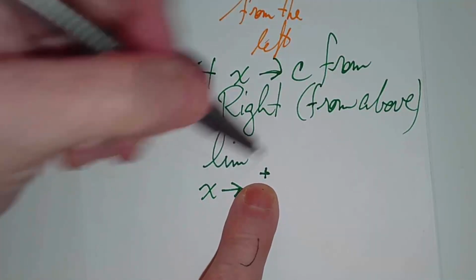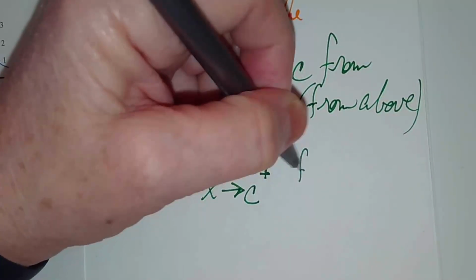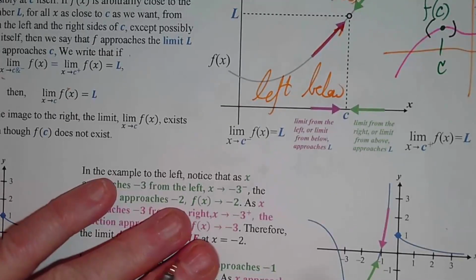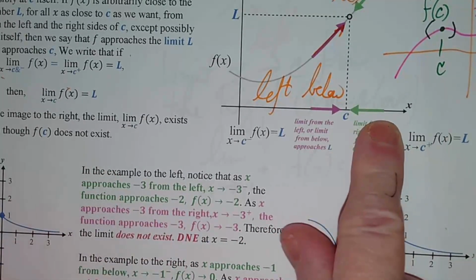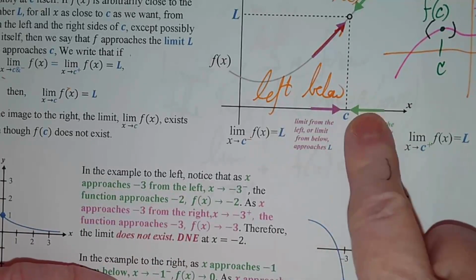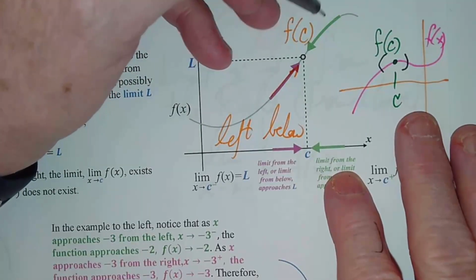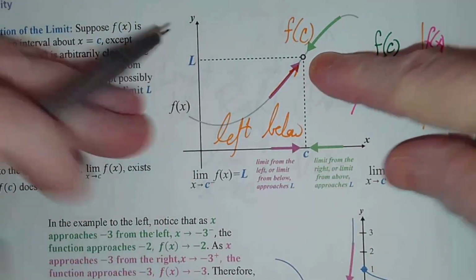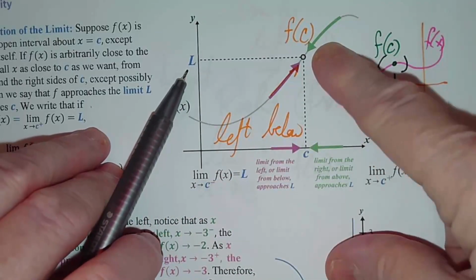This plus says I'm approaching c from values of x that are above c. So I'm looking at values of x that are bigger than c, so they are to the right of c or above c. And now I'm going to look at values of the function for those same values of x. So we're up here, and I can see for this graph, we definitely approach L from the right.